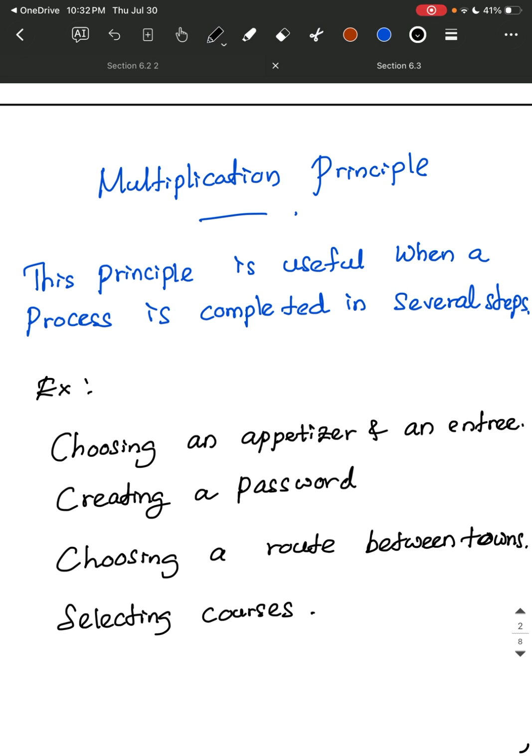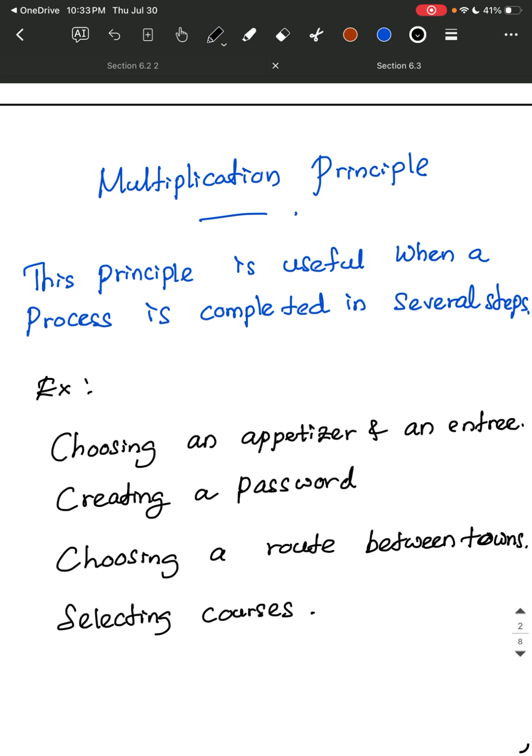Also, the main thing, think about when you select the courses per semester. You have different combinations, you have different courses. So instead of listing every possible outcome, the multiplication principle allows us to count them quickly.